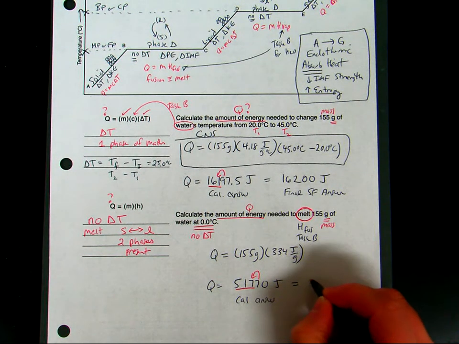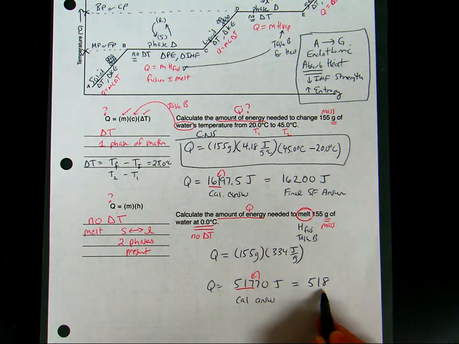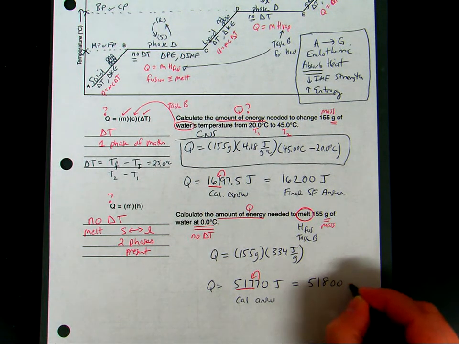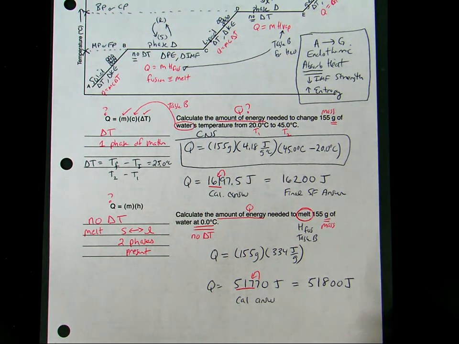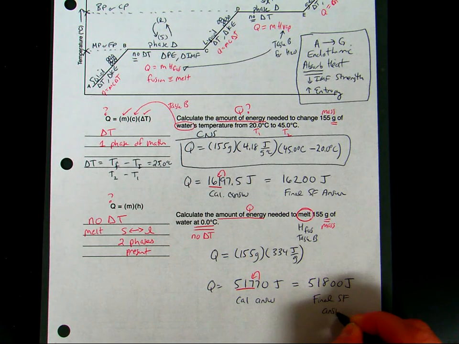So our sig figs in the final answer would be 518, but 518 does not match 51770, so that means we need a couple placeholders to end with a similar value. So this would be a final sig fig answer.